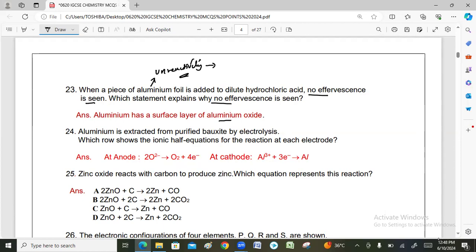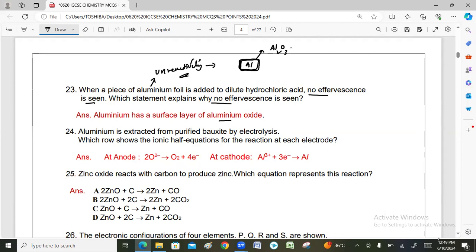When aluminium combines with the air, it is coated with the oxide layer of aluminium oxide. Generally, this oxide layer will make it inactive or unreactive. So this is a stable non-porous oxide coating.